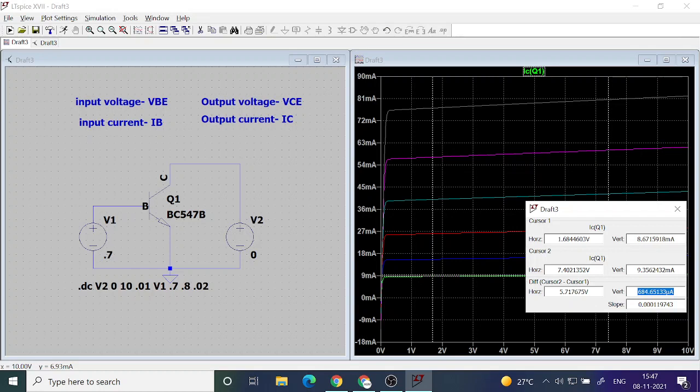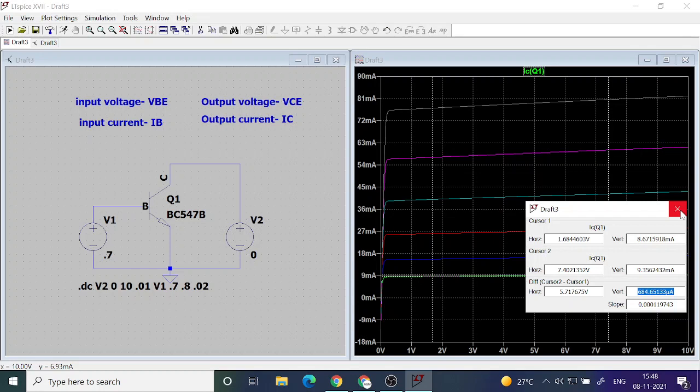Yes, sir. Okay. Similar thing you can do for the input characteristics, which looks like the diode. As I told earlier, you take any color, pick 2 points, and then find delta V by delta I. You will see that it is much smaller, maybe something like 10 or 20 ohms.